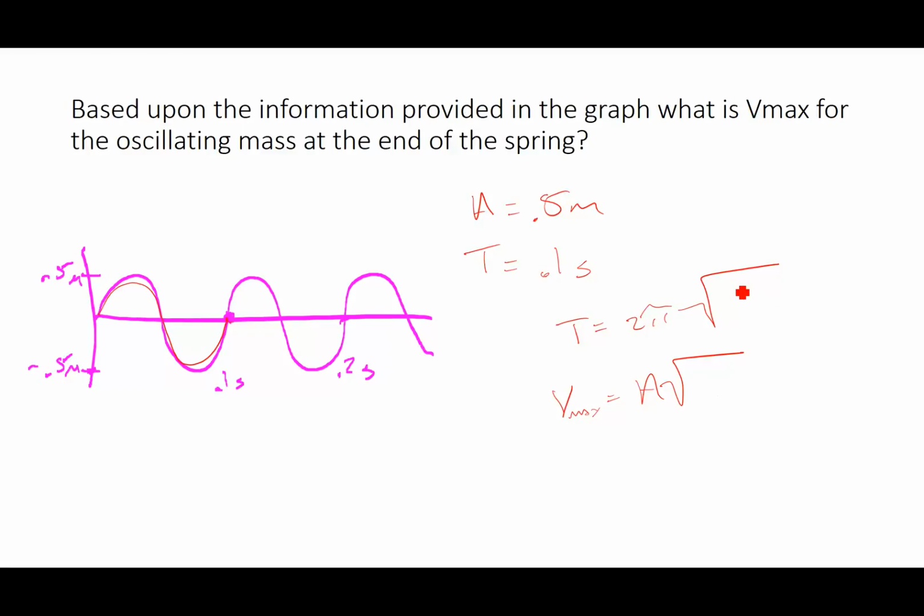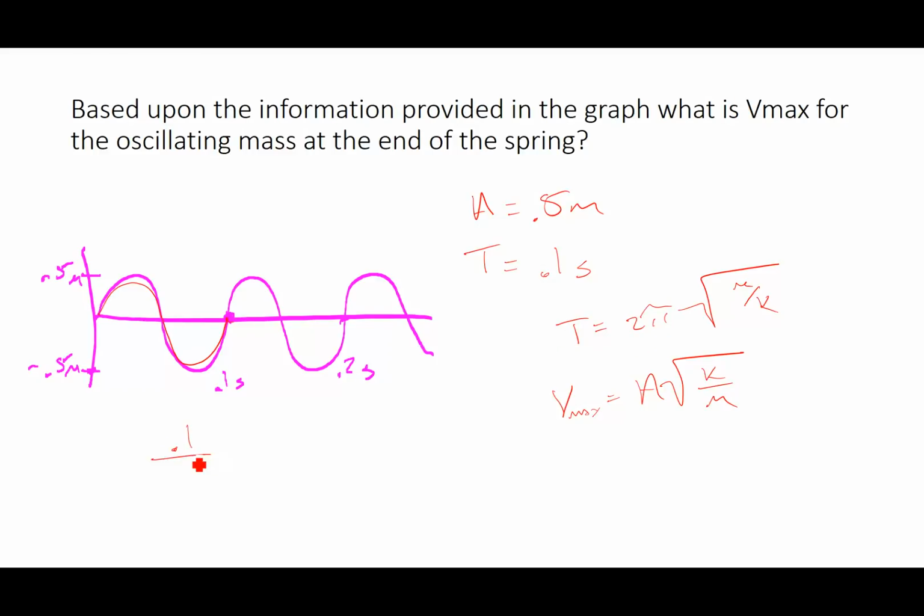So here this is M over K, and here K over M. Right. So if I know the period is 0.1, I'm going to take the 2 pi and put it underneath the period.